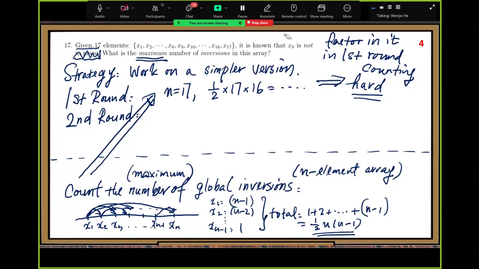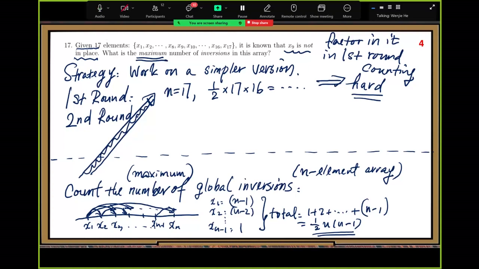This time we assume this x9 is not in place. So we need to go back to this general solution here. Under what situation do we get the general solution?